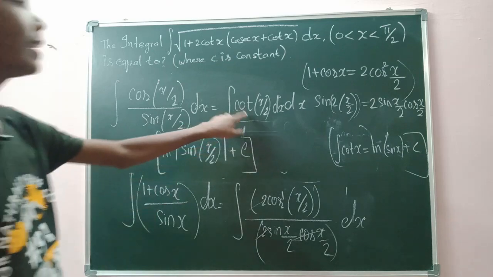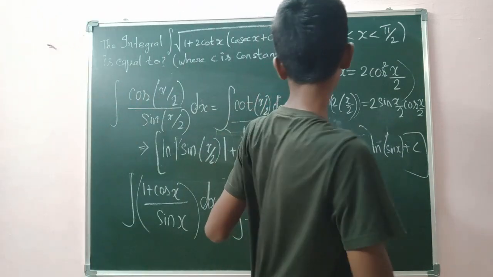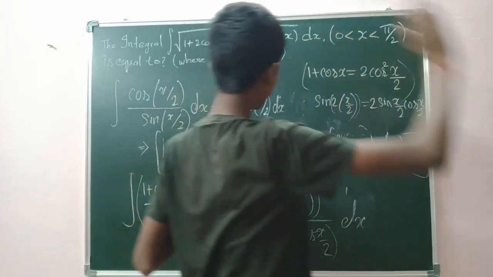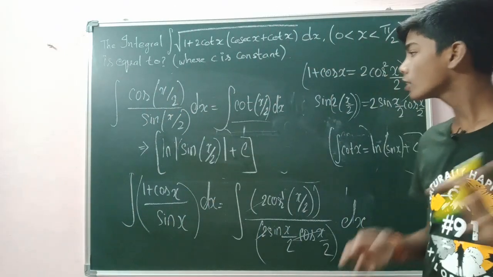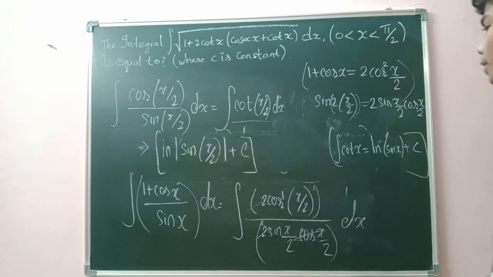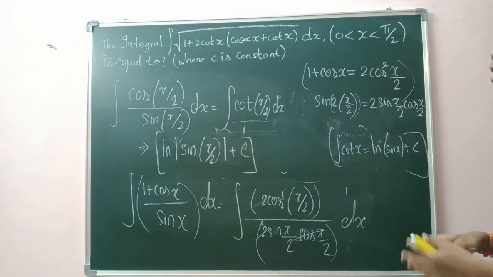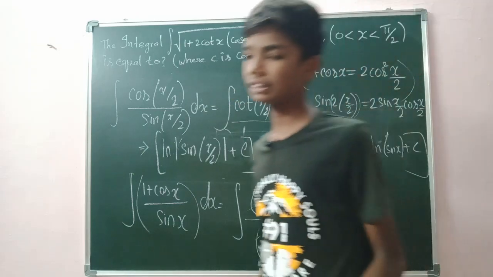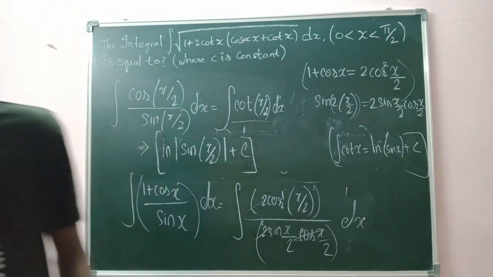People, integral of cot x by 2 times dx. Wait, why did I write 2 dx? Sorry, it's wrong. So cot of x by 2, so the integral is ln of sine of x by 2. Use this basic formula, but here your x is x by 2. Just try to change it up. So now let us move on to the next one.